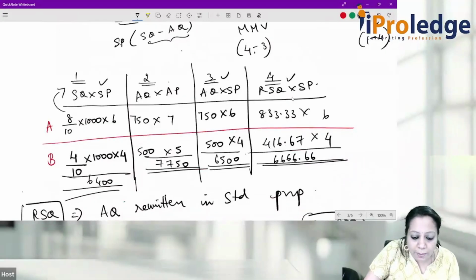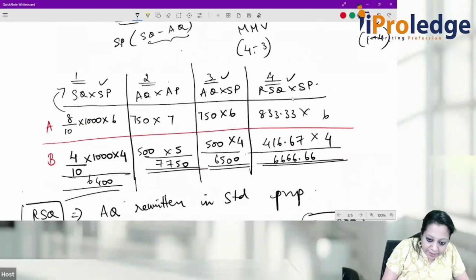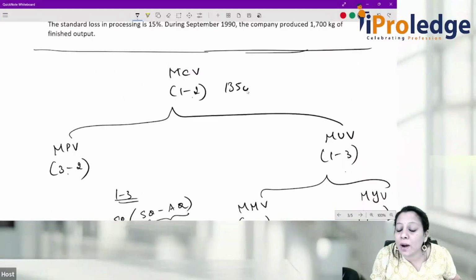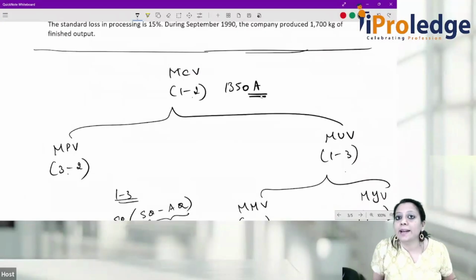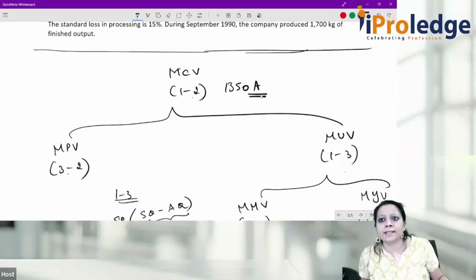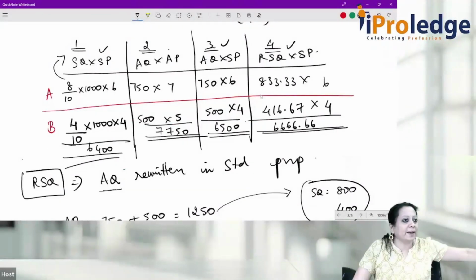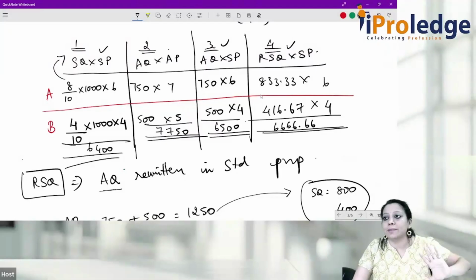So 1 minus 2, how much is that, students? 6,400 minus 7,750. 1,350, isn't it? So I will write 1,350 adverse. This is very important. Negative means adverse. Obviously. In meaning, standard is different from budget, but for your understanding, I'm saying.